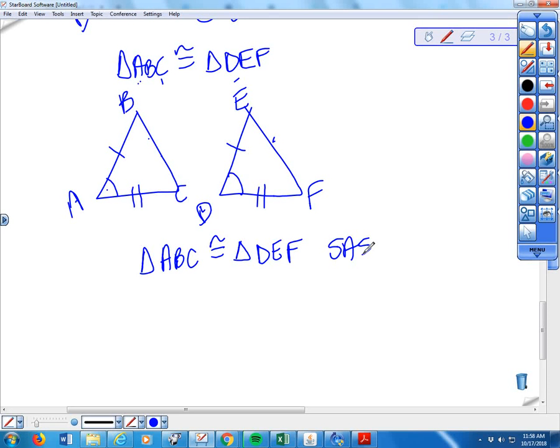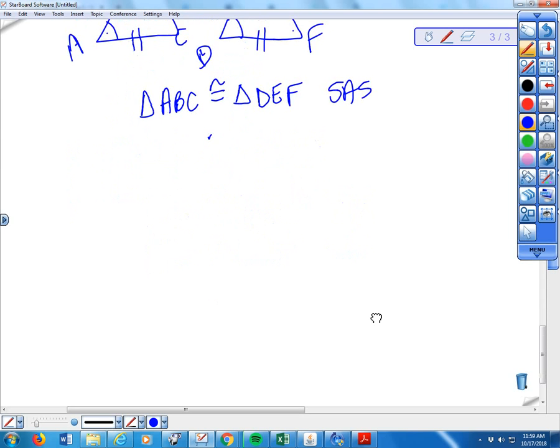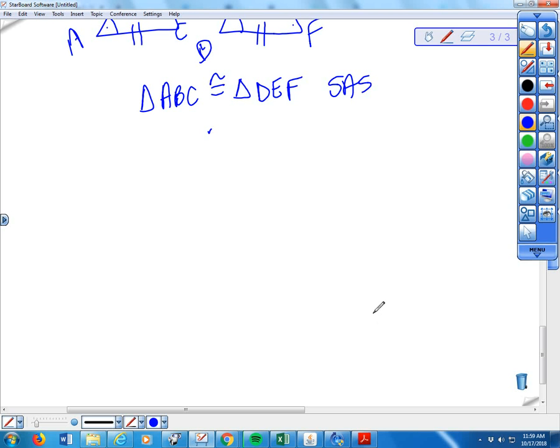Okay, so you're going to have some proofs in this section on big ideas. And one of them could be, given this information, prove angle C is equal to angle F. Well, the first thing you have to do is prove the 2 triangles are congruent. And then you could say C is equal to F. And this is an important reason for congruent triangles.